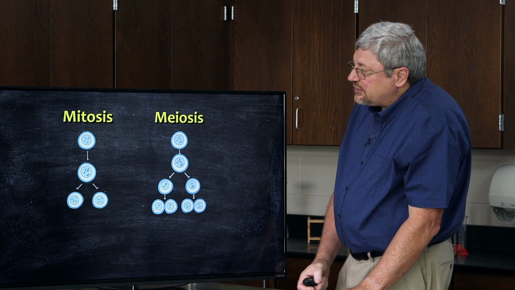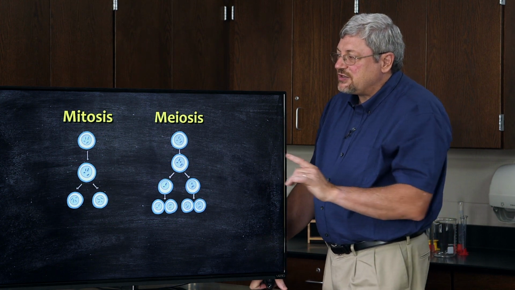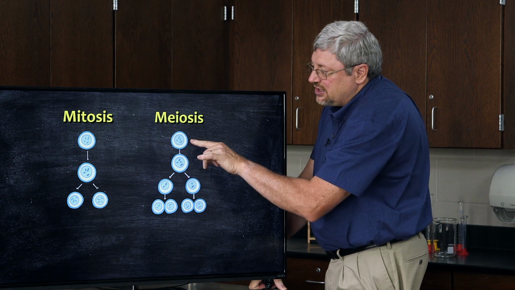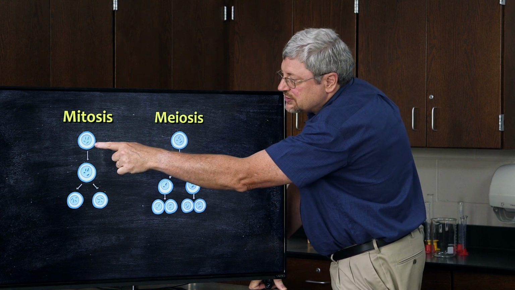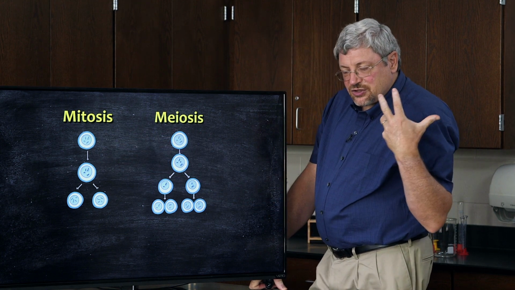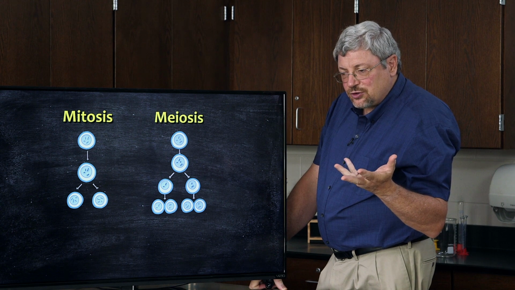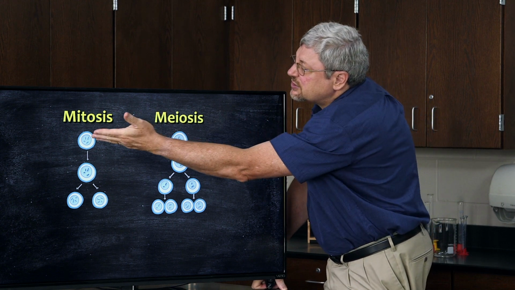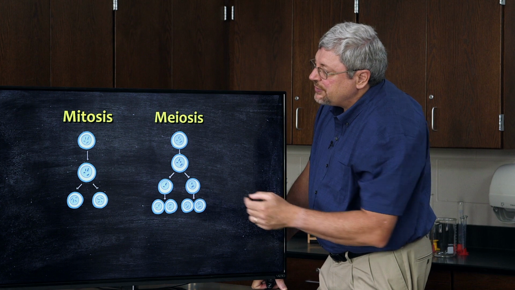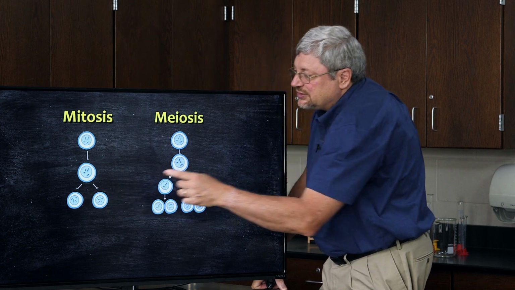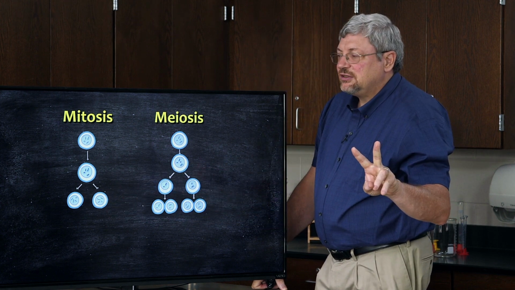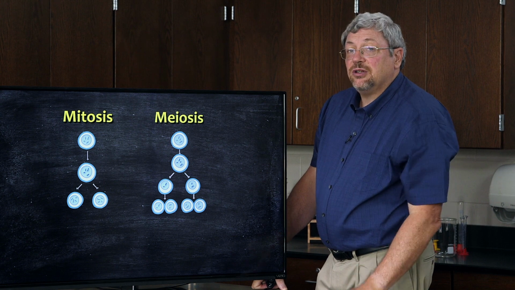So looking at this, comparing these two processes, mitosis and meiosis, mitosis starts with a certain number of chromosomes. Let's say in this diagram it starts with 4 chromosomes. At the end of the process, there are 2 cells, each with 4 chromosomes.